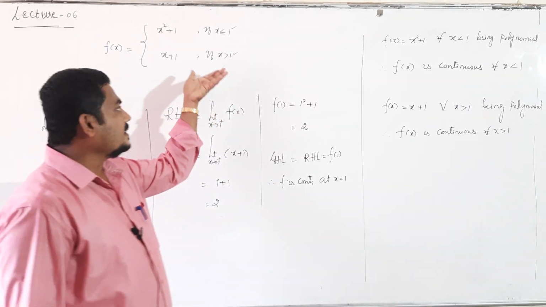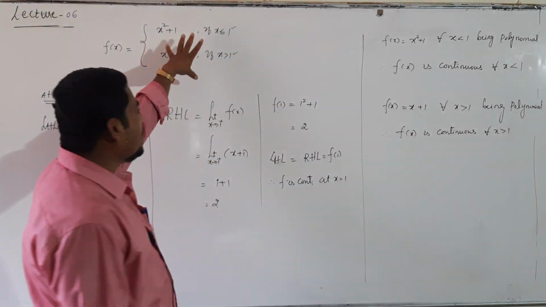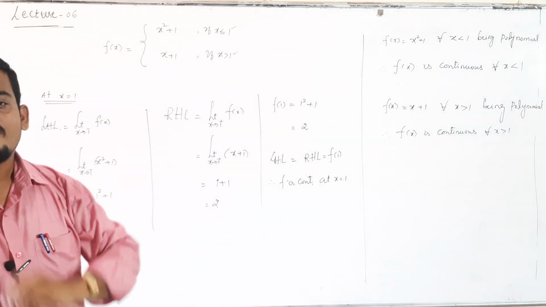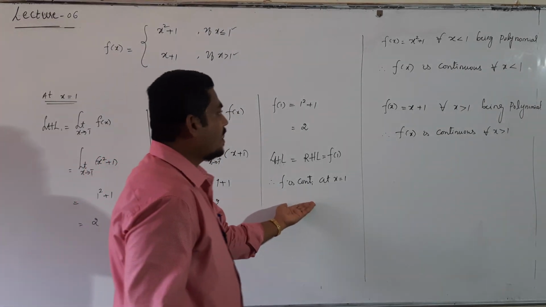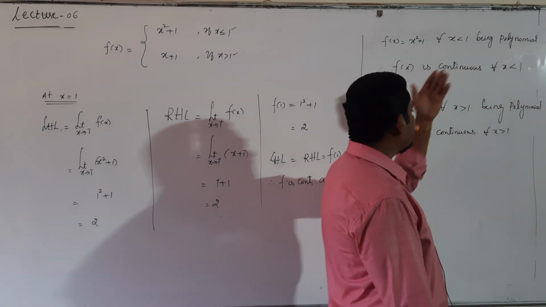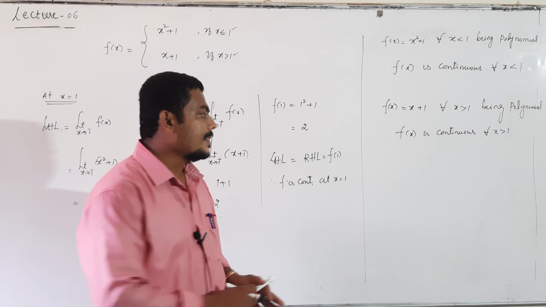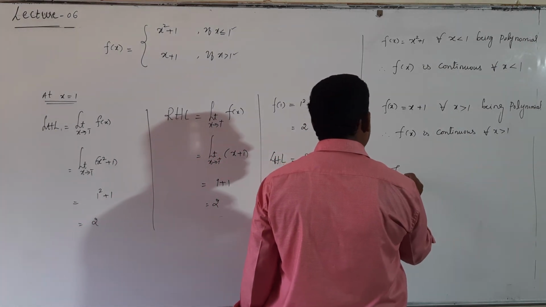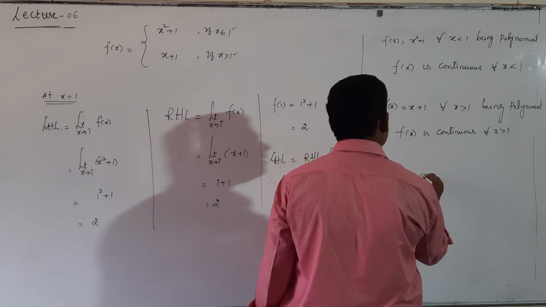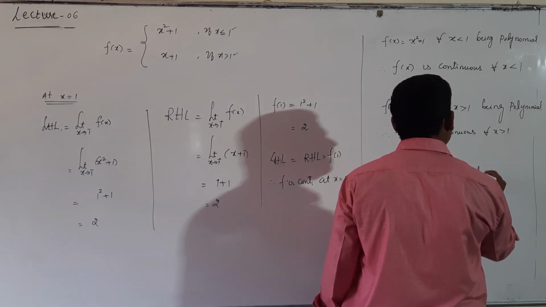This function is continuous for all the real numbers, because at 1 it is continuous, less than 1 continuous, more than 1 continuous, means it is continuous everywhere. Therefore there is no point of discontinuity.